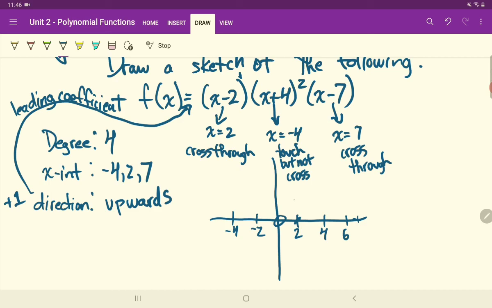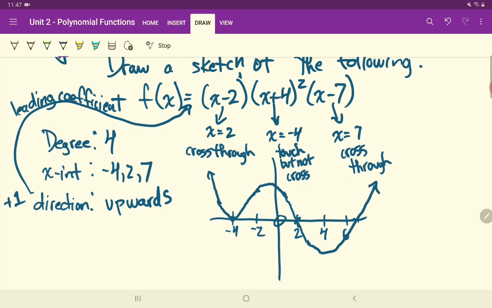So at 2, let's draw this. At 2, it's going to cross through. At -4, it touches but does not cross. So it's going to look like this. It's going to be pointing up, so we start in this direction. It's going to touch -4, turn back, then cross through 2, and then cross through 7.